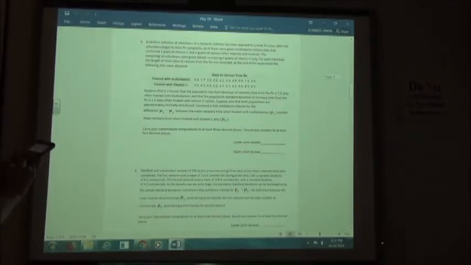Yep, put the first list in list 1, the second list in list 2. You could do them separately and do your calculation, but you might as well put them in while you got the screen open. Let me know when you got your list in.